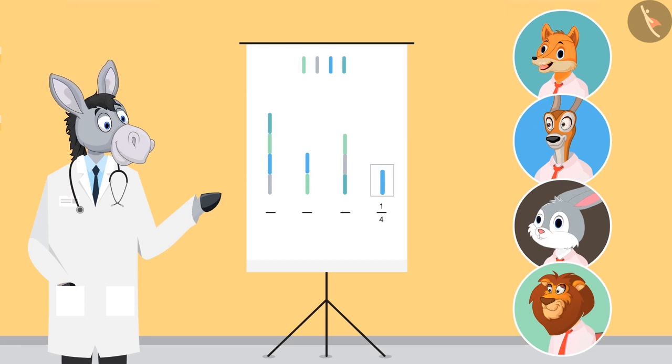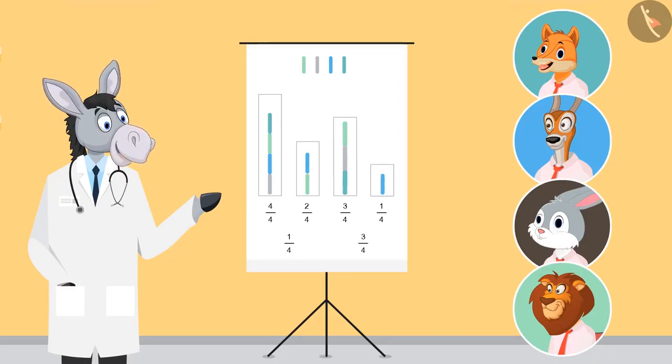This is 1/4. This is 3/4. This is 2/4. This is also known as half. Is this 4/4? Yes, this means full. Now you must have understood that 1/4 is 1/4. 3/4 is 3/4.